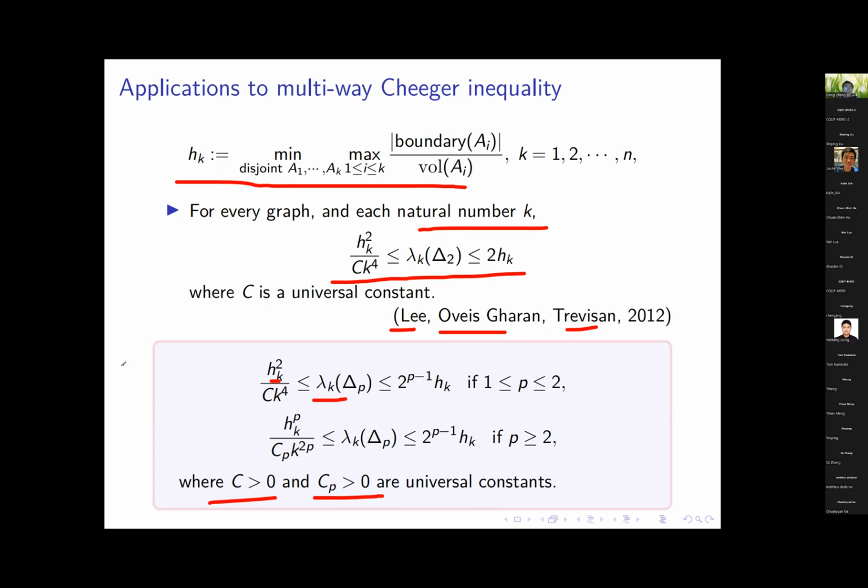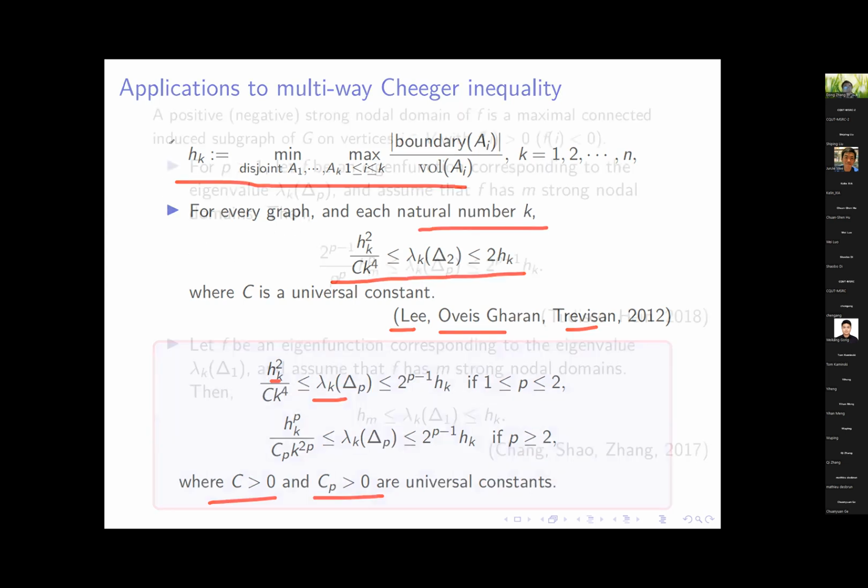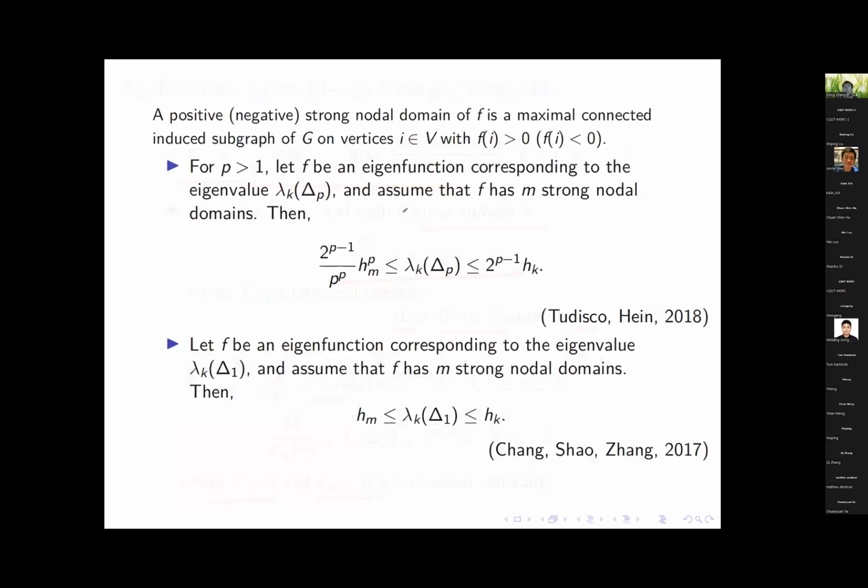So what do I mean by nodal domains? Here's the definition of positive strong nodal domains. Take a maximal connected induced subgraph of G on the vertices with positive f value. If p is larger than 1, let f be an eigenfunction corresponding to the k-th variational eigenvalue of the p-Laplacian, and assume that f has m strong nodal domains, then the lower bound can be written in this form.